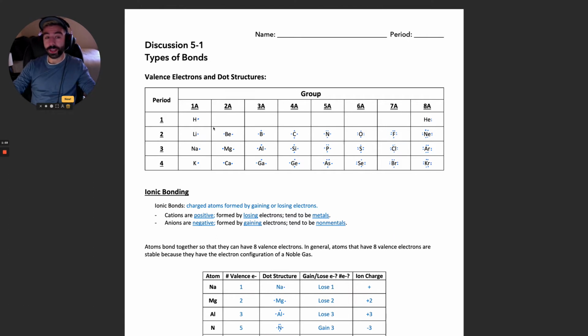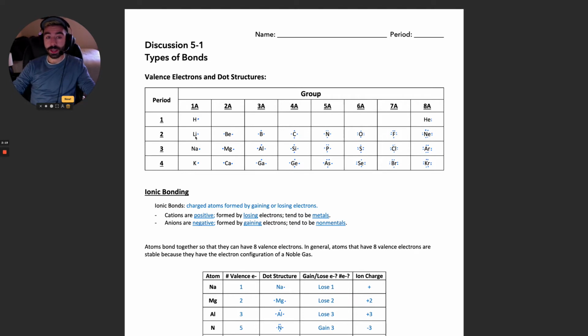Now, lithium has 3 electrons, but only 1 valence electron. So lithium has 1s2, 2s1. It only has 1 electron in that second energy level, or valence shell, which is the outermost energy level.